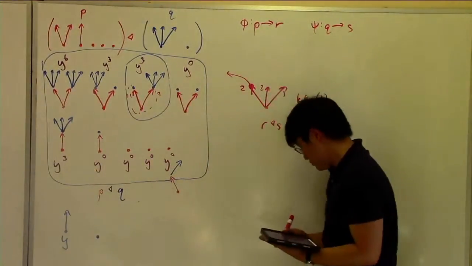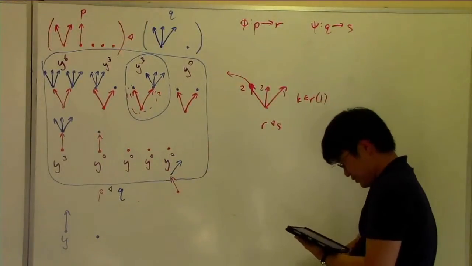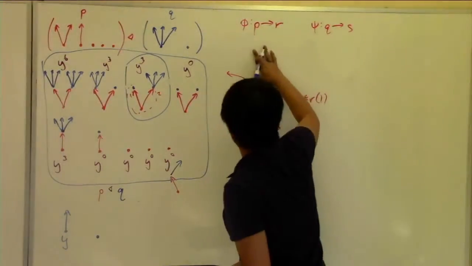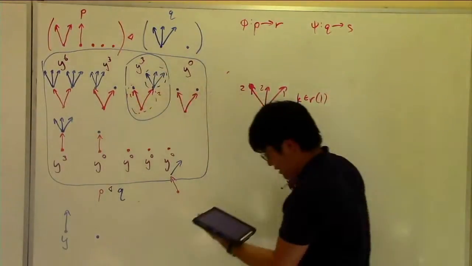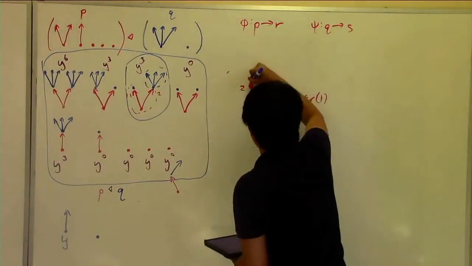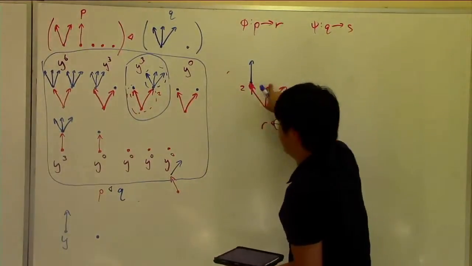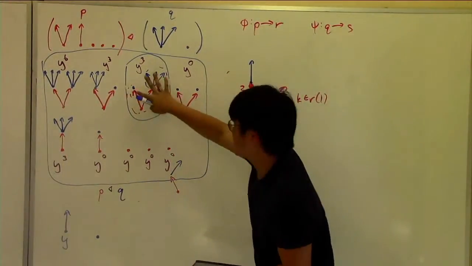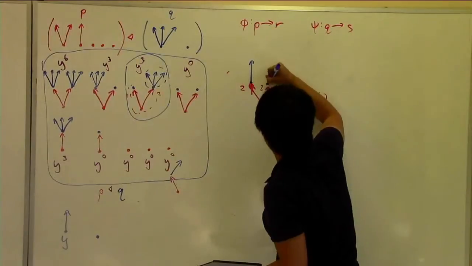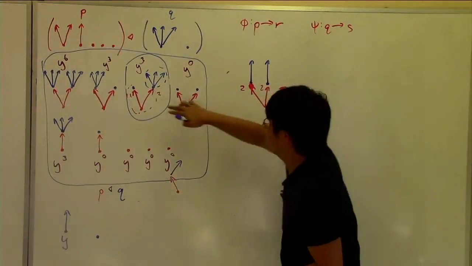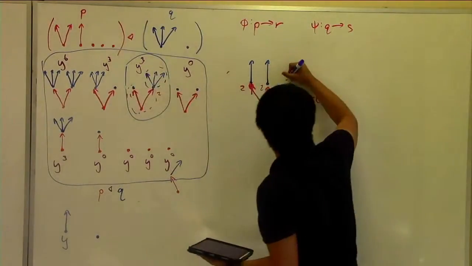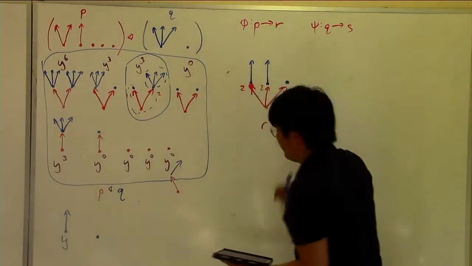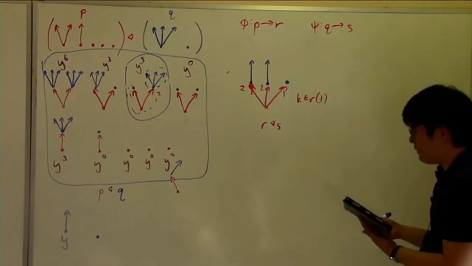And so you can see, let's say this position got sent to maybe something that looks like this. Since this also gets sent to this direction, this position will get sent to that same position of S. And then maybe this position gets sent to some other position that's going to look like that.